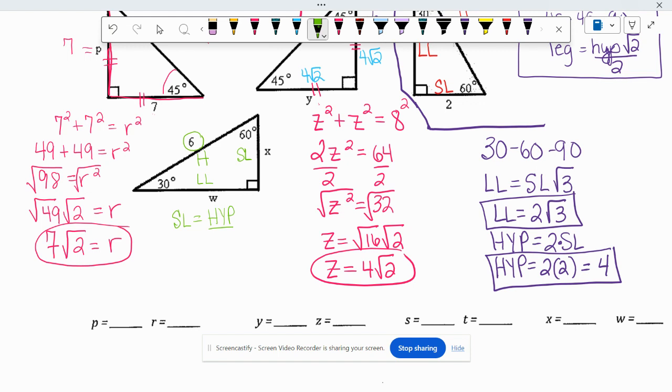So to find the short leg, I take the hypotenuse and divide it by 2. So the short leg is 3. And if the short leg is 3, then my long leg is my short leg times the square root of 3. So my long leg is, yes, 3 root 3.